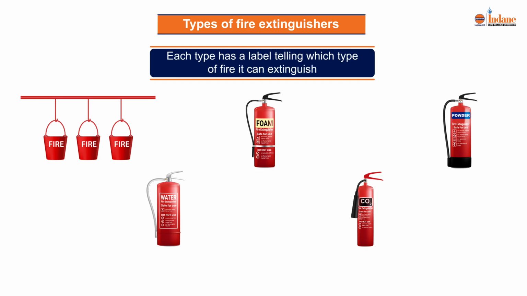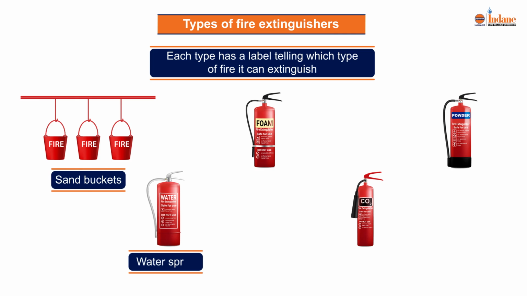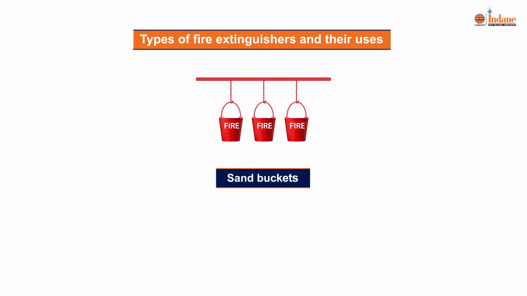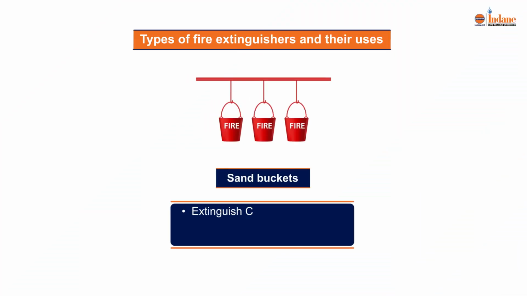The 5 most common types of fire extinguishers are sand buckets, water spray, mechanical foam type, carbon dioxide (CO2), and dry chemical powder (DCP). Sand buckets are used to extinguish Class B fire. Here, sand is thrown on the fire as it absorbs the fuel generating fire.